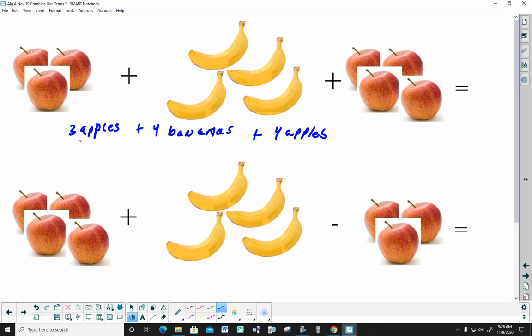And it's okay that they're separated like this. You can combine these 2 items to get 7 apples and 4 bananas.